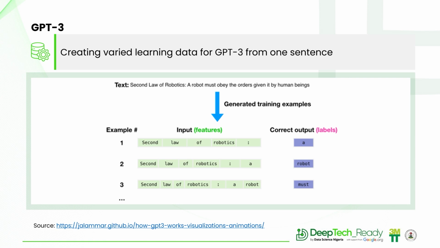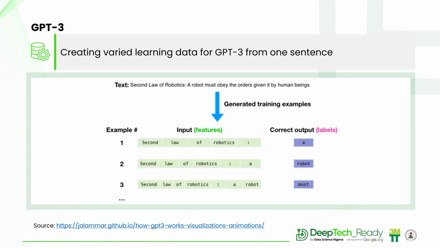And when we include "robot" as part of the input, the output this time is going to be another word, "must," isn't it, based on the wording of the text: "Second law of robotics: a robot must obey the orders given to it by human beings."